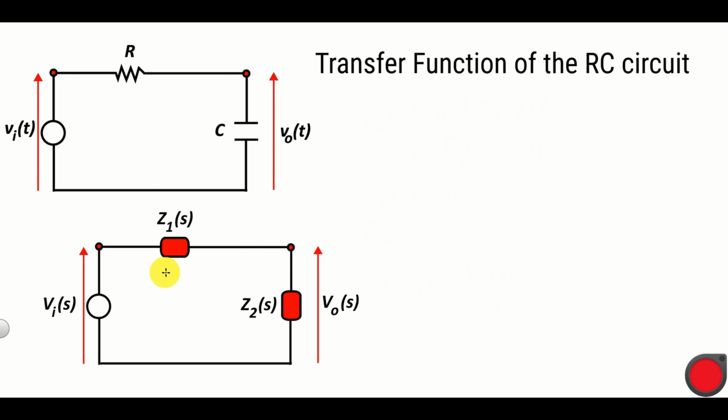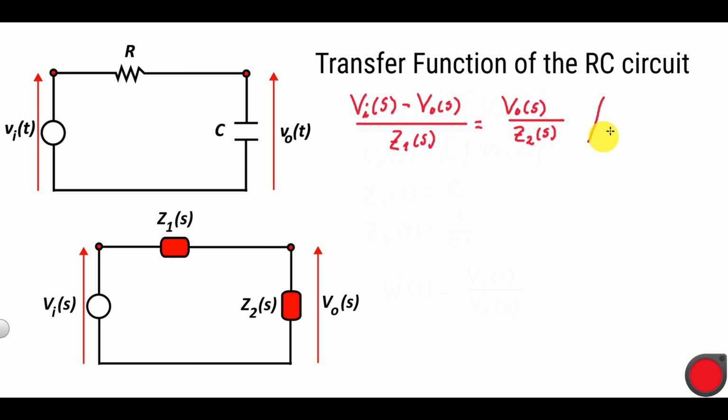First of all, from this circuit over here and from the definition of impedances, we have that Vi of s minus Vo of s over Z1 of s is equal to Vo of s over Z2 of s.